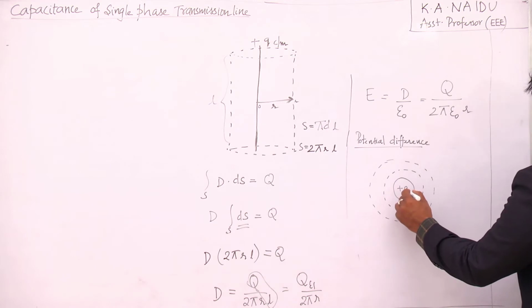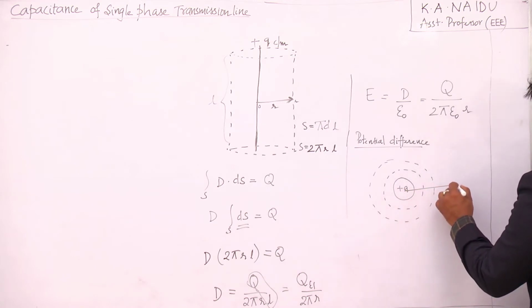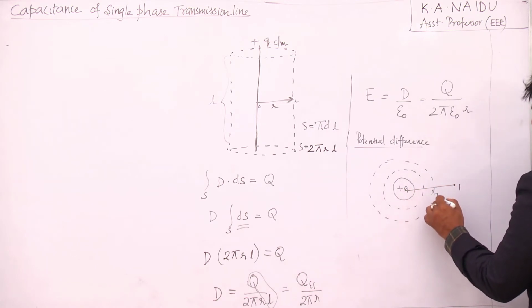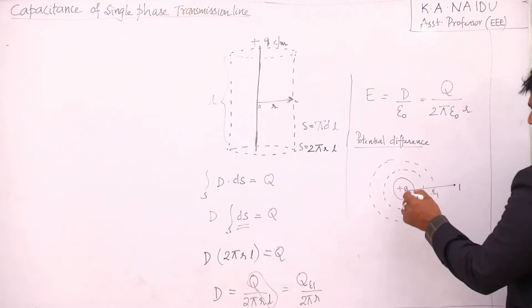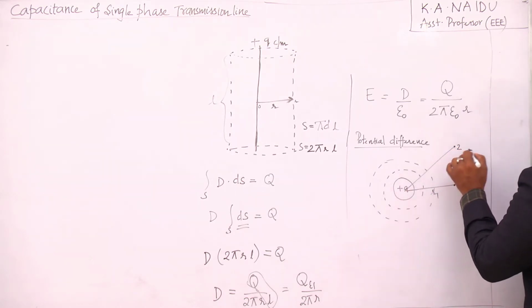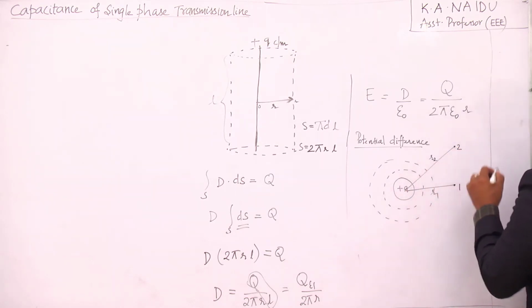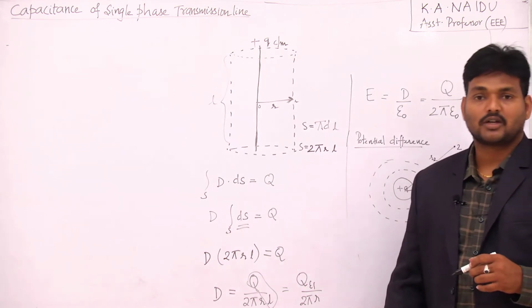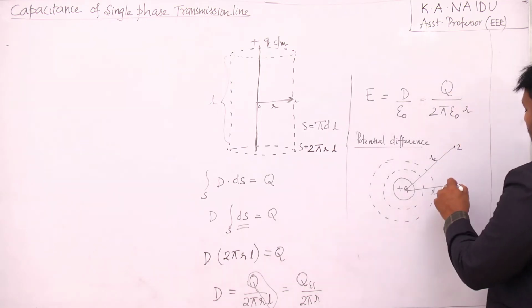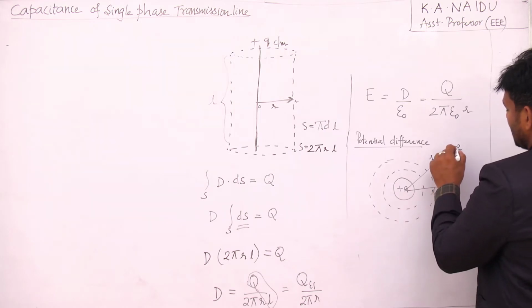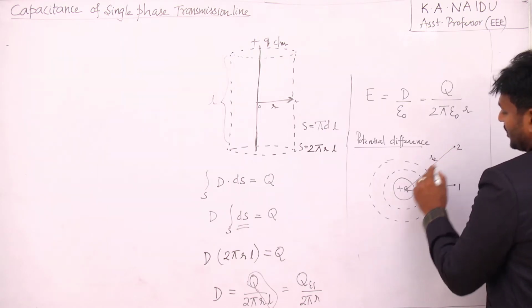Now you assume a point 1 which is at a distance r1 from the center of the conductor or charge. There is another point 2 at a distance r2 from the conductor. Now you have to find out the voltage between point 1 and point 2.